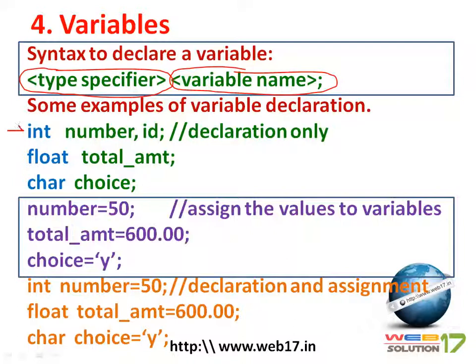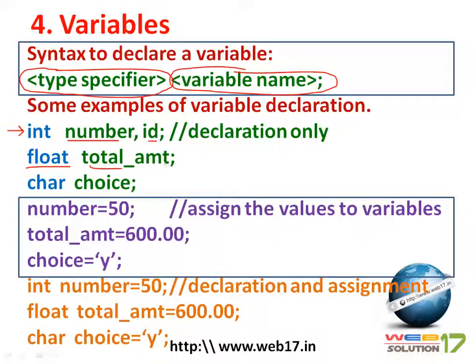We can also declare multiple variables in a single line which have a similar type. So float type total_amount, this is a float variable, and character type is choice.